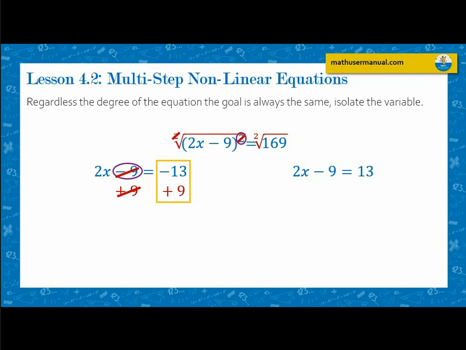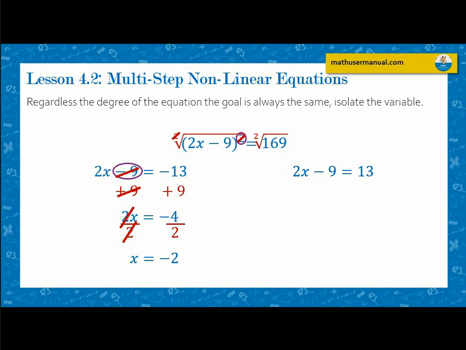Negative 13 plus 9, so 13 minus 9 is 4, but because the 13 is bigger and is negative, the answer is negative 4. Then we take care of the 2 multiplying by dividing by 2. That way we can cancel, but we must also divide the right side by 2. And then we do negative 4 divided by 2. There is only one negative, so our answer is negative 2.